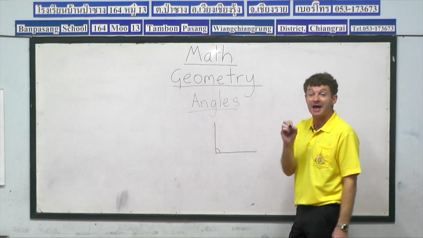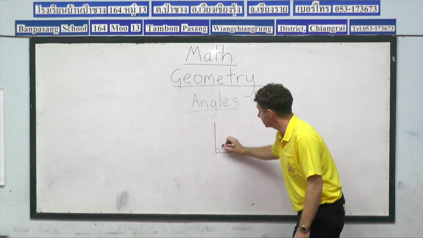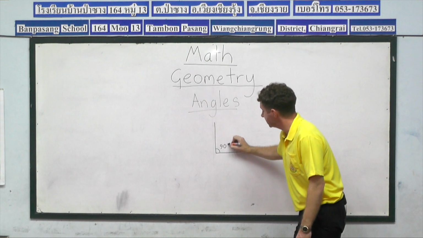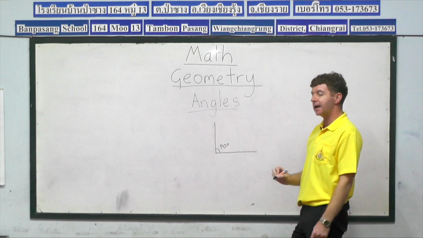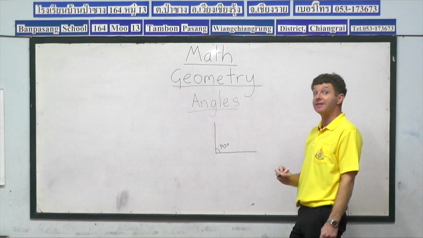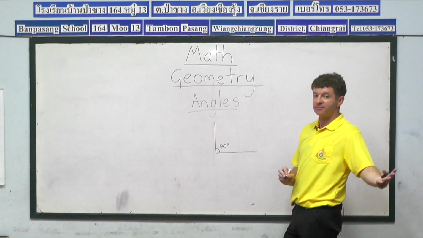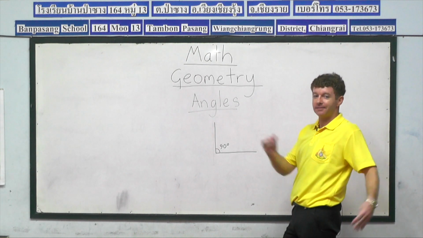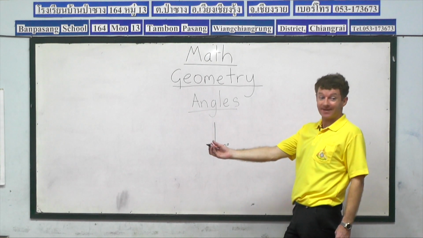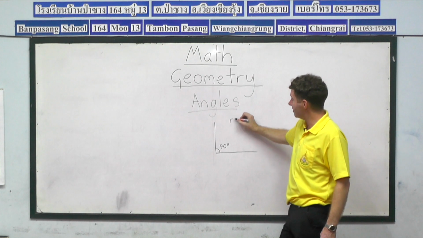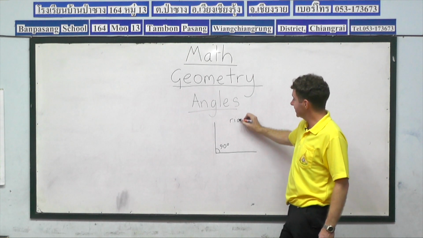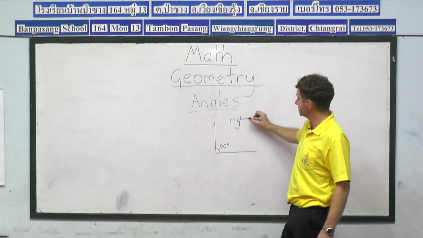So the angle that I've created here is exactly 90 degrees. And can anybody remember the name of our 90-degree angle? Beginning with R. Not left angle. Right angle, okay? R-I-G-H-T.